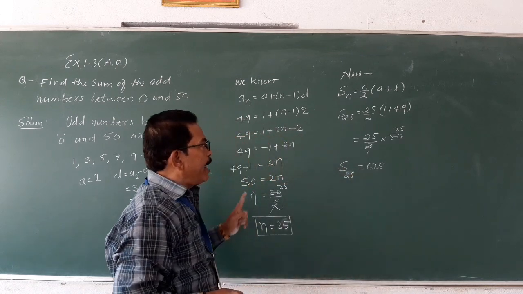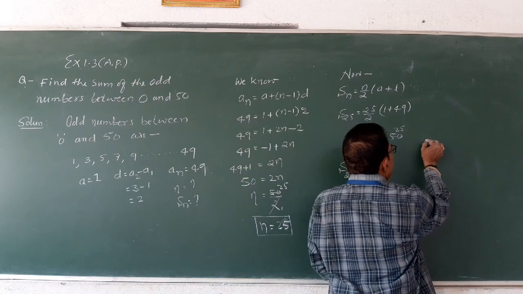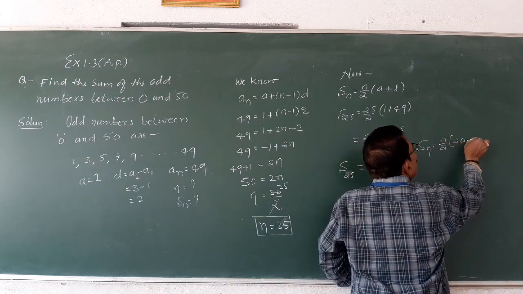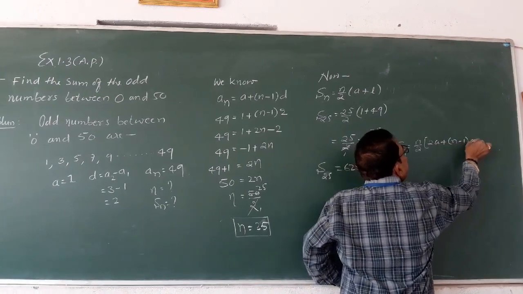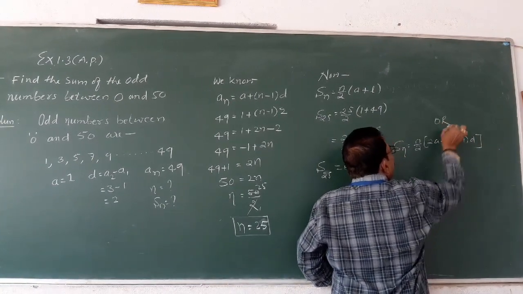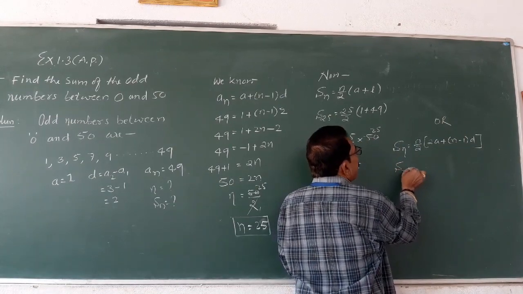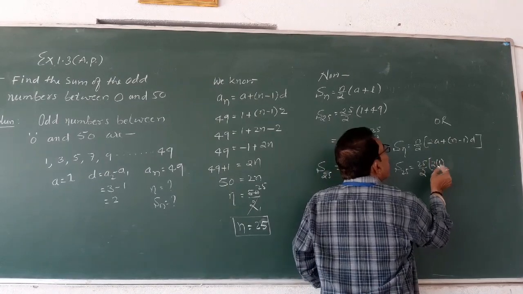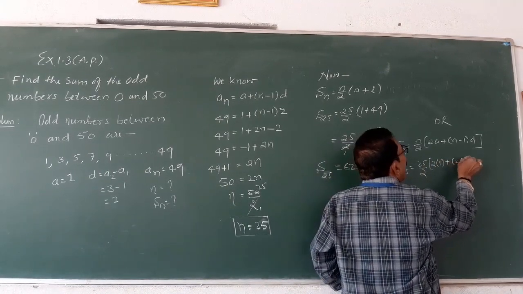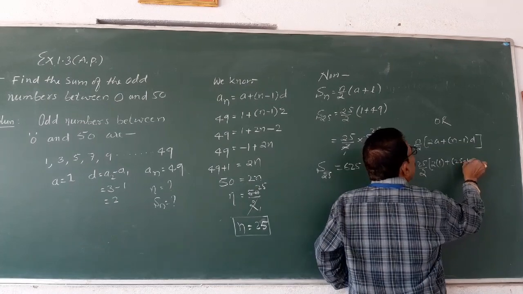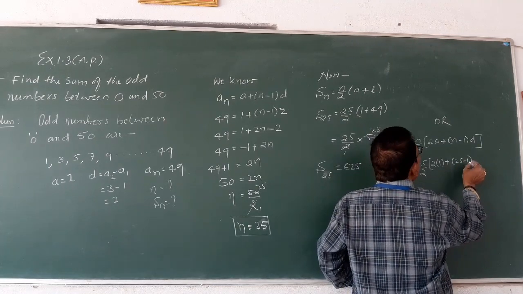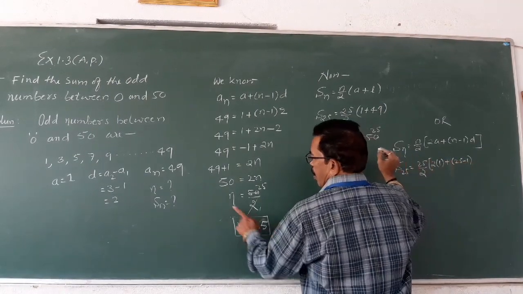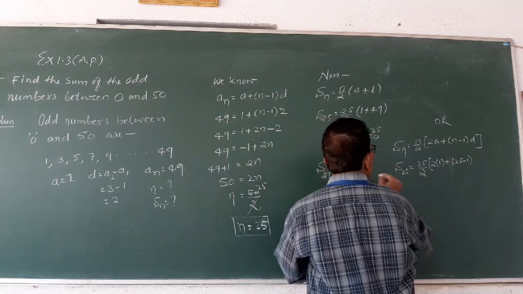You can also apply this formula, Sn equals n by 2 in the big bracket 2a plus (n minus 1) into d. See, S25 equals 25 by 2, big bracket 2 into 1 plus 25 minus 1 into d. What is d? d is 2.